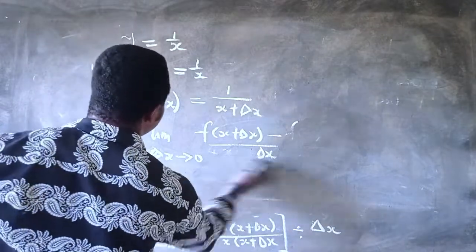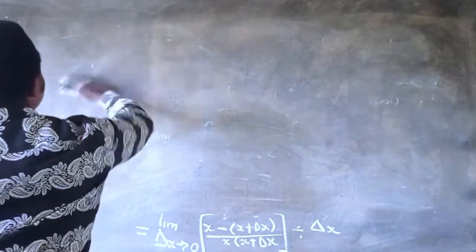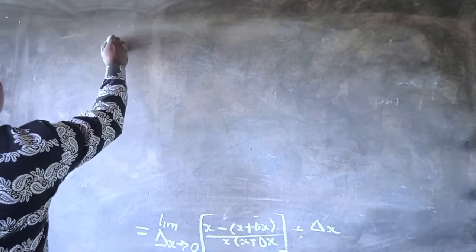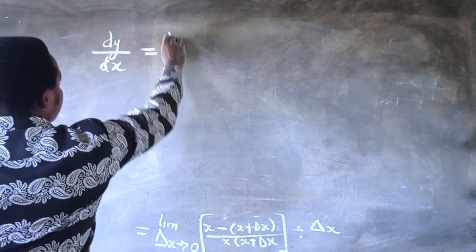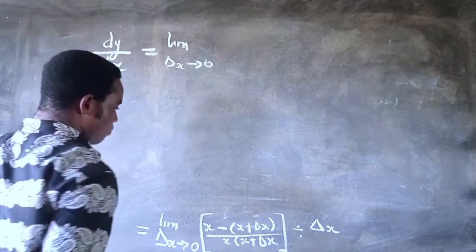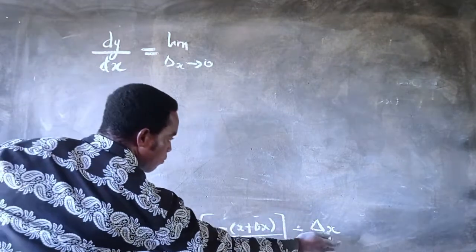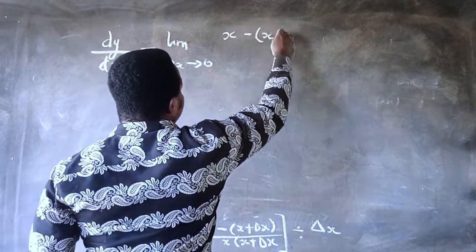Let me wipe this so we can continue with the solution. So the differential of y with respect to s is going to be, from here, this was all over 1. Let me fill that in first.